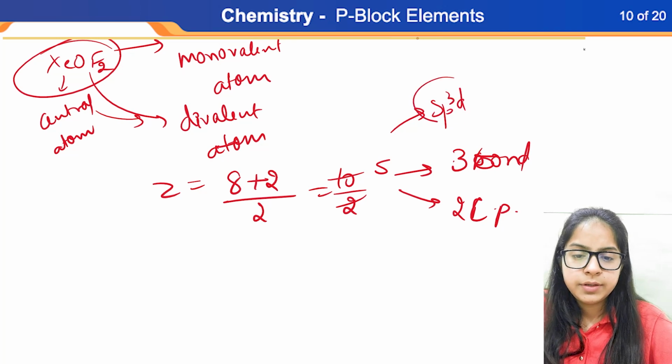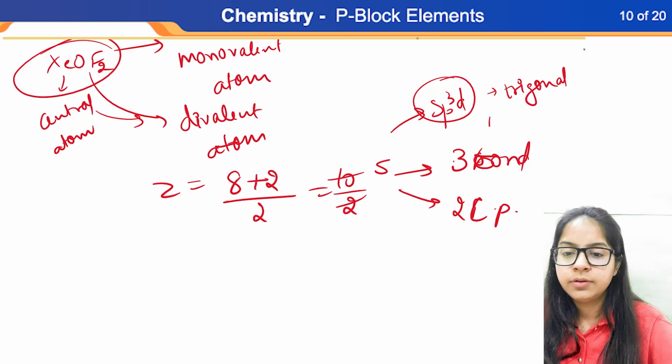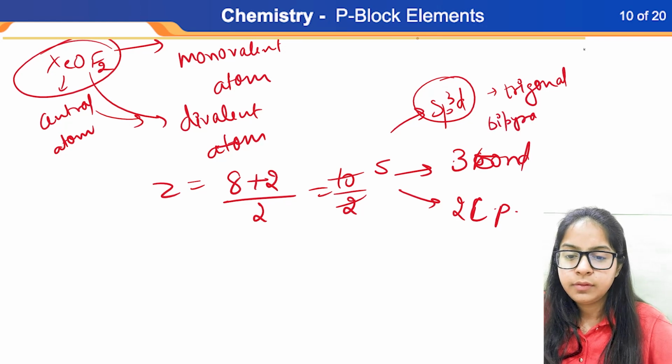Hybridization is sp3d, trigonal bipyramidal.